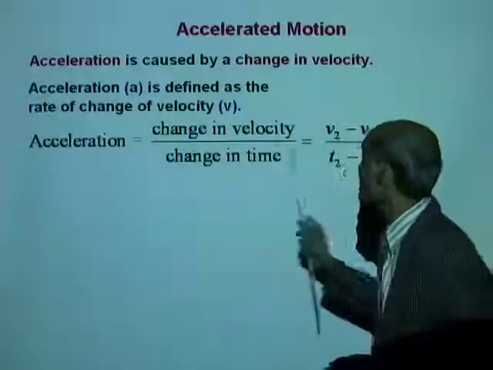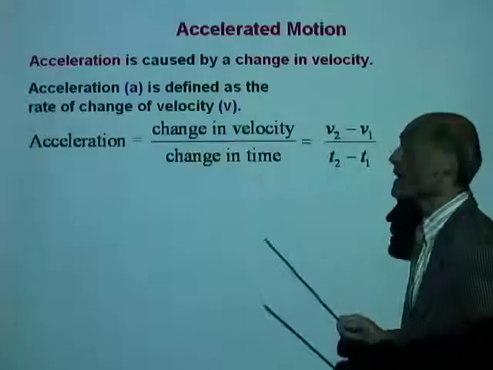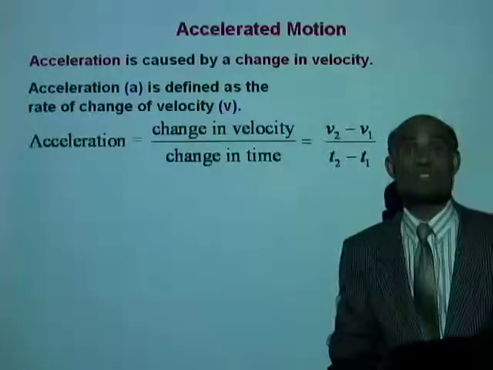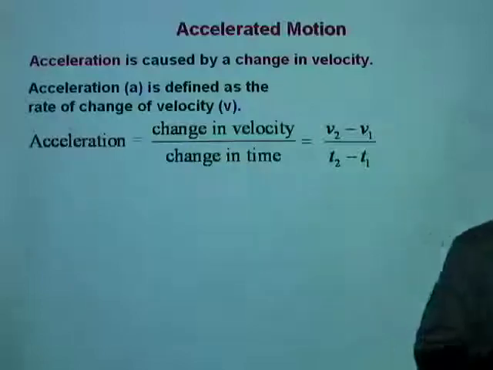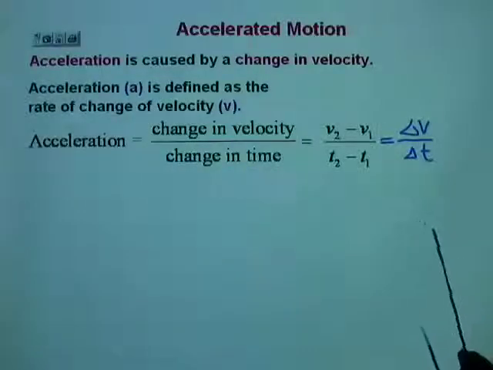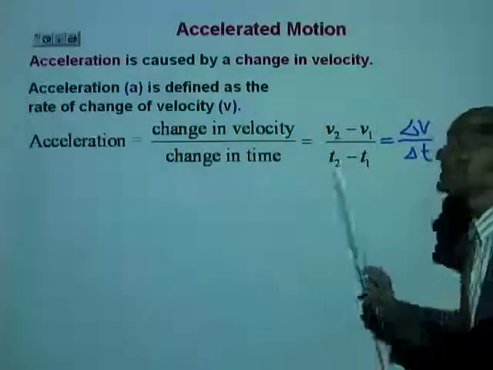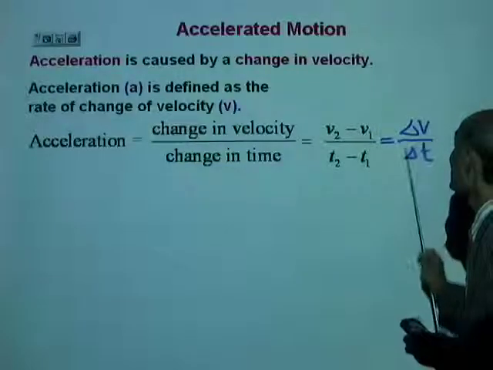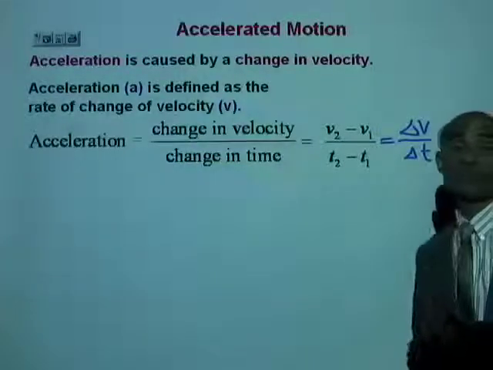Then acceleration is v2 minus v1 divided by t2 minus t1, and we can write it like this: v2 minus v1 is delta v, and t2 minus t1 is delta t. So acceleration is delta v divided by delta t, the change in velocity divided by the time.